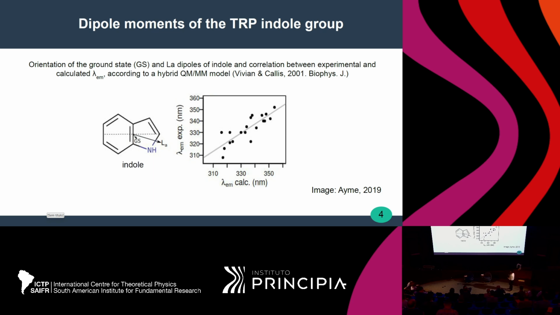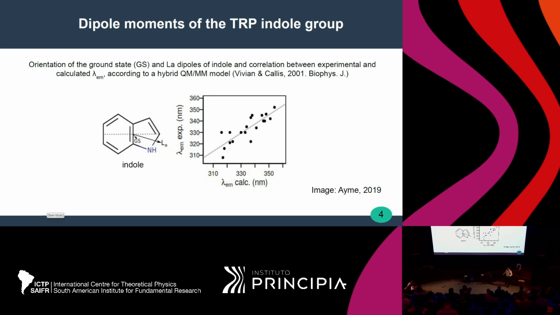And they also match the experiments regarding the maximum of the excitation, taking into account the polarization of the environment and the surrounding environment around the chromophore. But if we use quantum mechanics, we are usually limited in the amount of frames, the amount of structures we can analyze, because they are very expensive computationally.